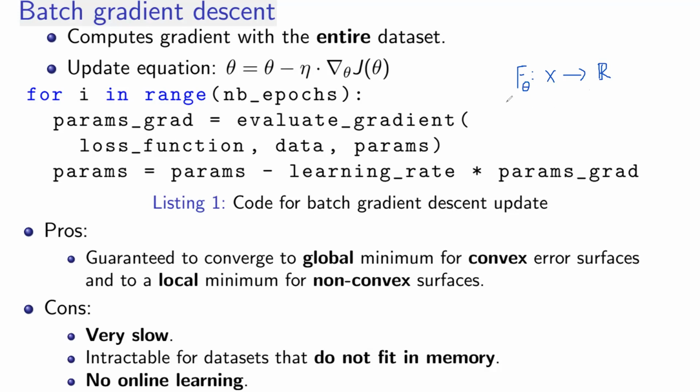We want it to match what we have. So for example, we have pairs x1, y1, x2, y2, and so on, xm, ym. So we have those pairs. x1 is the value from the space X, and y1 is just some value in R. We know that, but we don't know what the real function looks like. We don't know the real function that can map x to y.